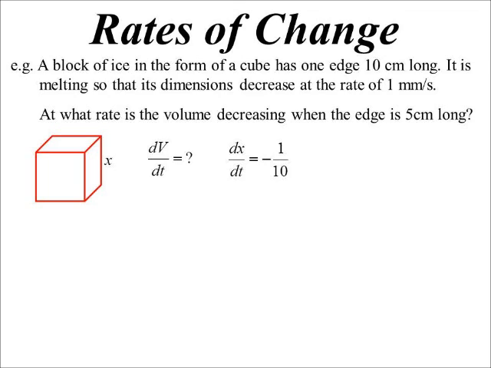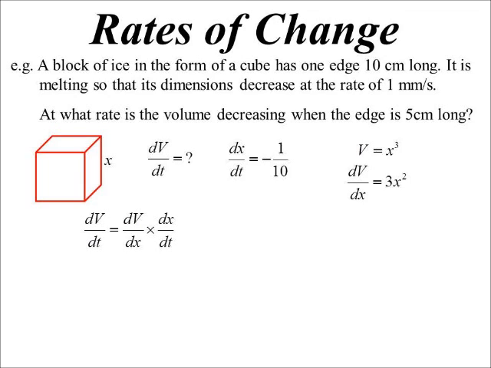What I really need then is a link between volume and x. Because if I can now find dV/dx, we can use that chain rule idea to come up with a formula. Well, we know volume will be x cubed. So dV/dx would be 3x squared. So what I could say is, well, I want to work out dV/dt.